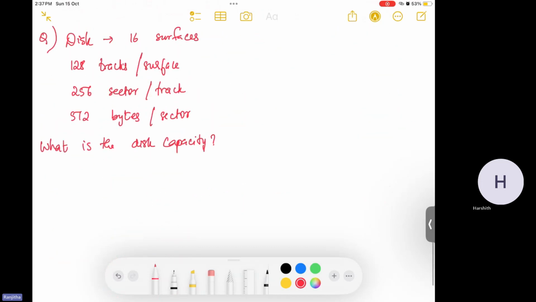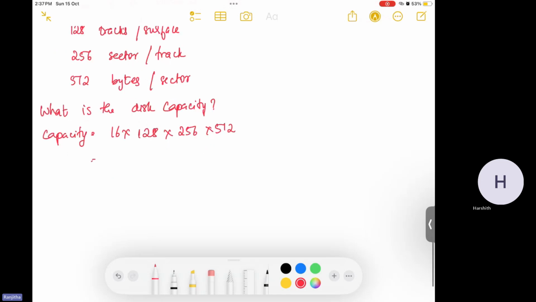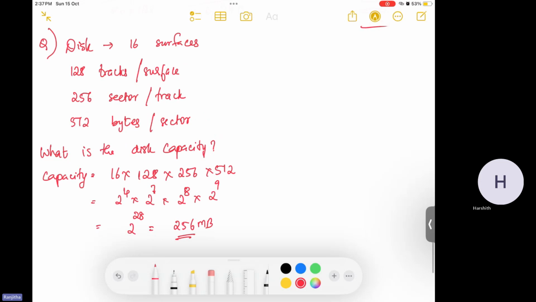So the capacity will be 16 surfaces into 128 tracks per surface into 256 sectors into 512 bytes, which is 2 power 4 into 2 power 7 into 2 power 8 into 2 power 9, which is 2 power 28, equal to 256 MB. So the total capacity is 256 MB.